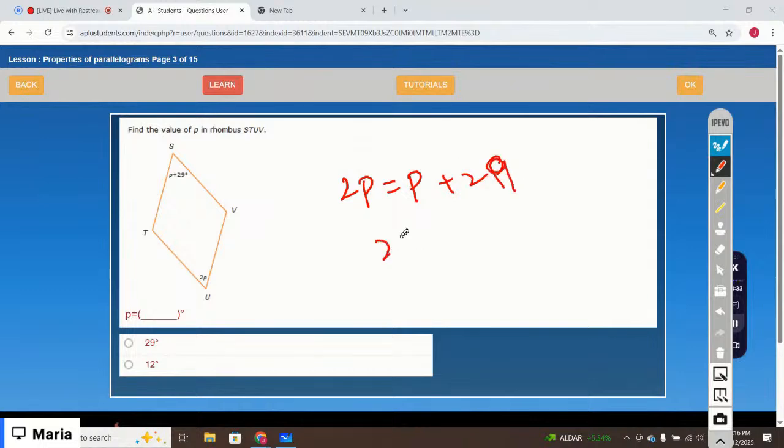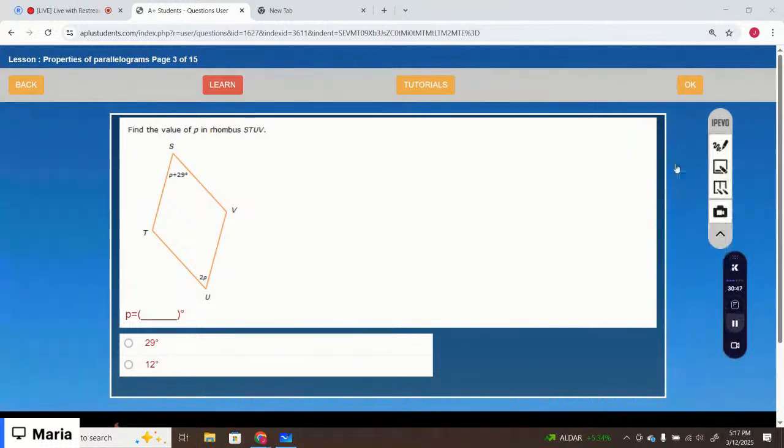Move p to the other side. So 2p minus p equals 29. So p equals 29. That is 29. Option number 1 is the correct option.